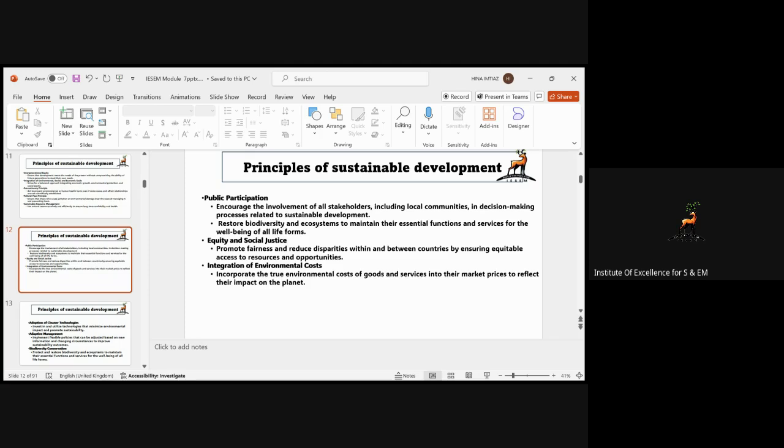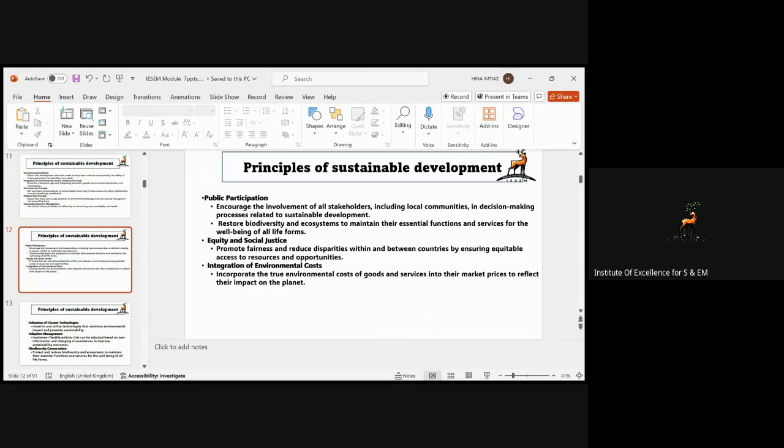I have mentioned in the previous class that the USA and China are the two major countries contributing to the emission of greenhouse gases. Again, their economy is very high, but they have to think about the environment. They have to think about the other people who are living in developing countries.